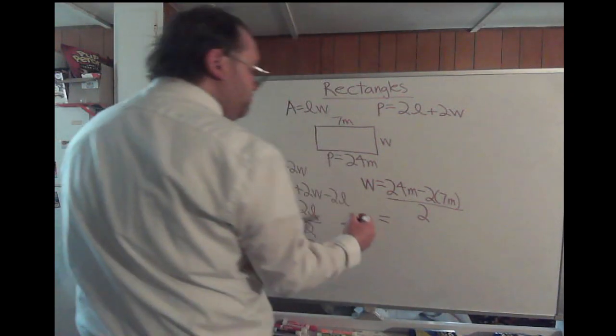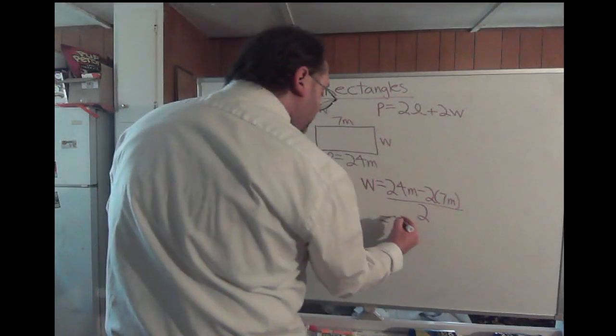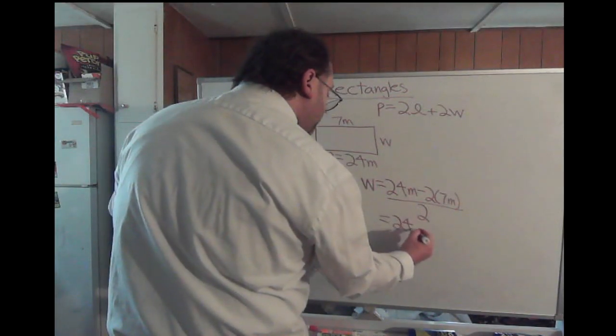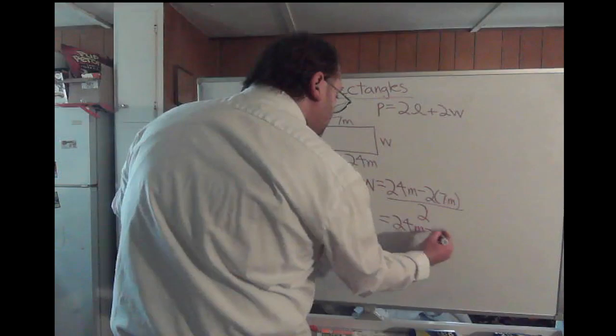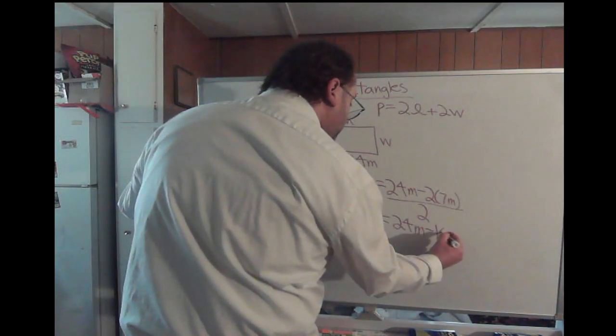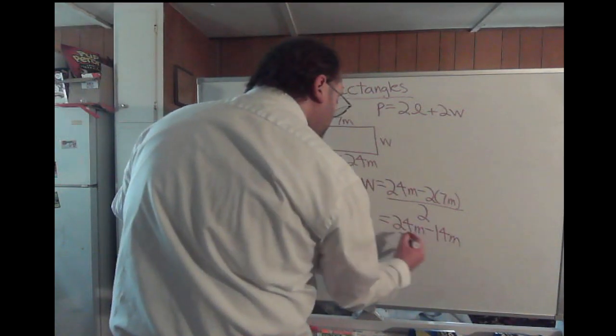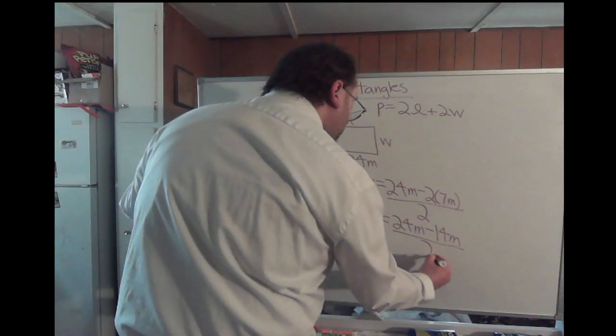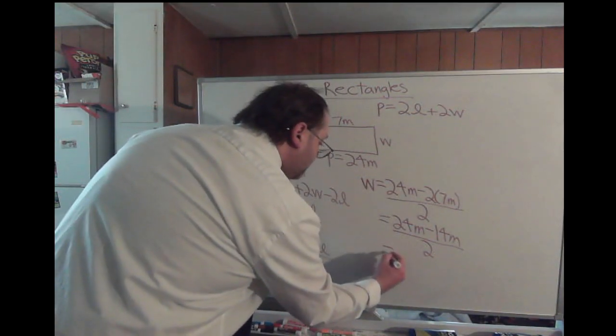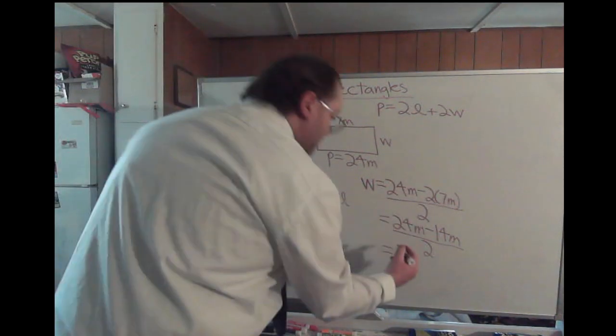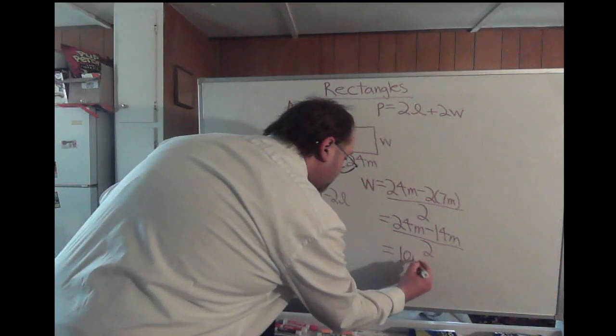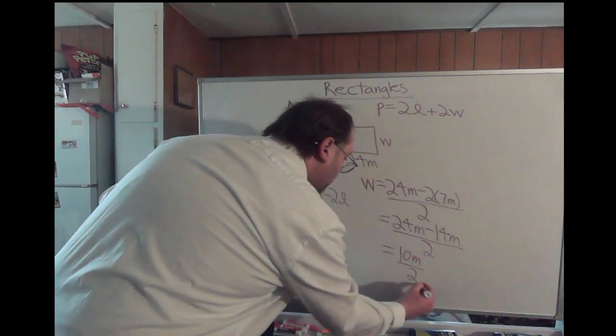We do the order of operations first: 2 times 7 is 14 meters. So 24 meters minus 14 meters, all over 2.